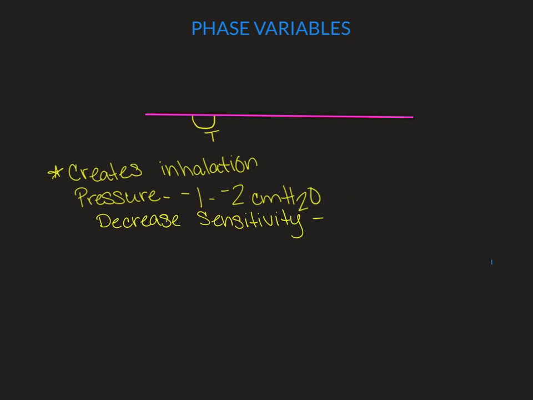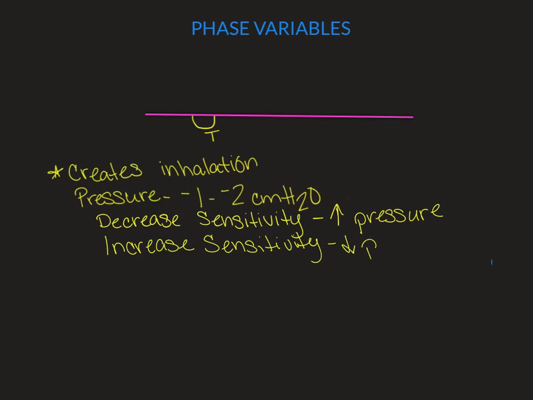So if it keeps auto-cycling, or if the machine keeps trying to pop back into a new breath, you're going to want to decrease the sensitivity. It's too easy for that patient to get a breath. So to decrease it, we're going to increase pressure. Now to increase sensitivity, we're going to decrease the pressure.